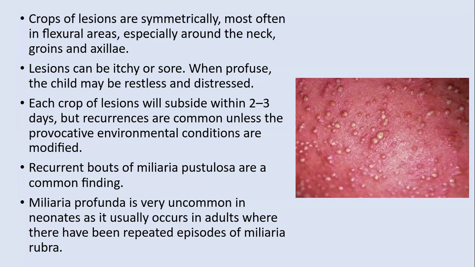Each crop subsides in 2 to 3 days, but recurrences are common unless the provocative environmental conditions are modified. Recurrent bouts of Miliaria pustulosa are common findings. Miliaria profunda is very uncommon in neonates, and it usually occurs in adults where there have been repeated episodes of Miliaria rubra.